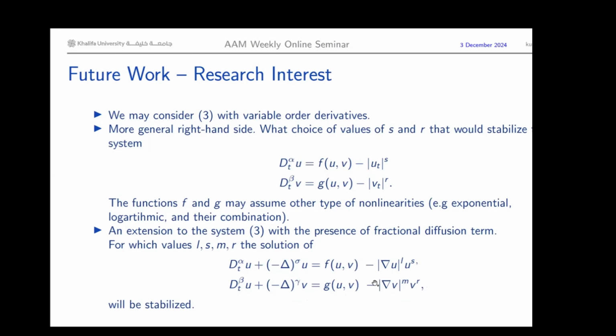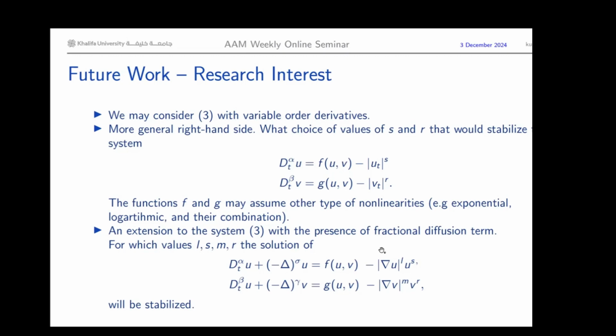So in the case of a fractional diffusion system, the singularities might happen as t goes to a certain t star, or x goes to a certain x star also. So it might also lose regularity in the gradient.